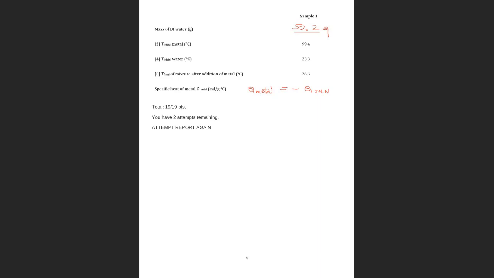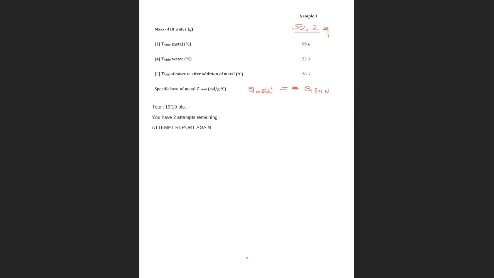Do you see that so far? Yes. Okay, so this is important. So you put a metal that is hot in the solution, and the solution is going to absorb. And the signs are opposite. So this is really important.